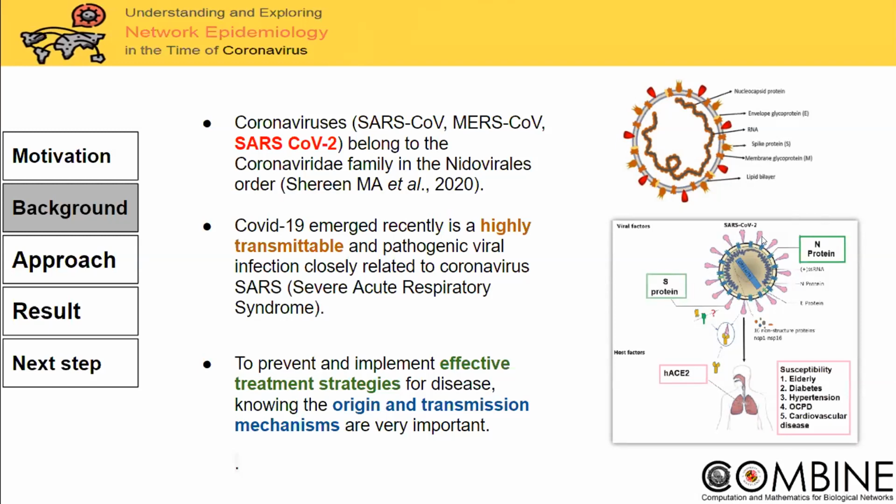They are, as a matter of fact, part of the structural proteins and non-structural proteins. For that reason, we believe that these mutations can influence the spread of the virus and its behavior. To prevent and implement effective treatment strategies for disease, knowing the origin and transmission mechanisms is very important.